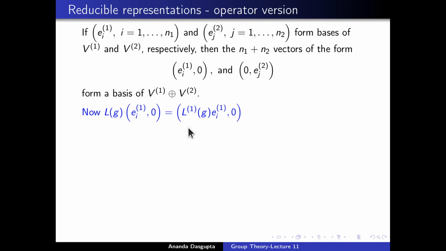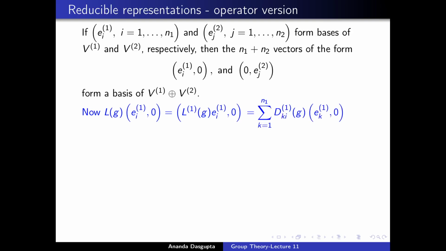Now, since L1(g) is a representation of the group G on V1, it must have an equivalent matrix representation D1 of G. So we can use the connection between D1 and L1 to simply write the first components in the form of this sum.